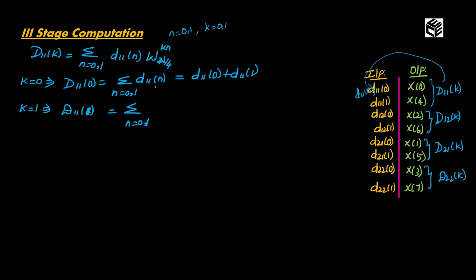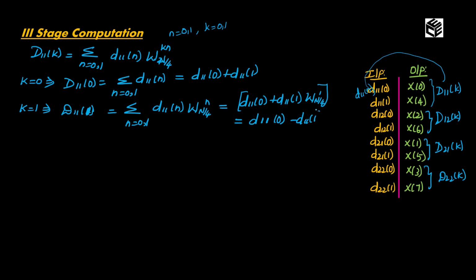If I apply the value of k as 1, my answer will be d11 of n w n by 4 power n. So this is equal to d11 of 0 plus d11 of 1 w n by 4 power 1. Or in other words, this can be written as d11 of 0 minus d11 of 1 the whole multiplied by w2 to the power 0.